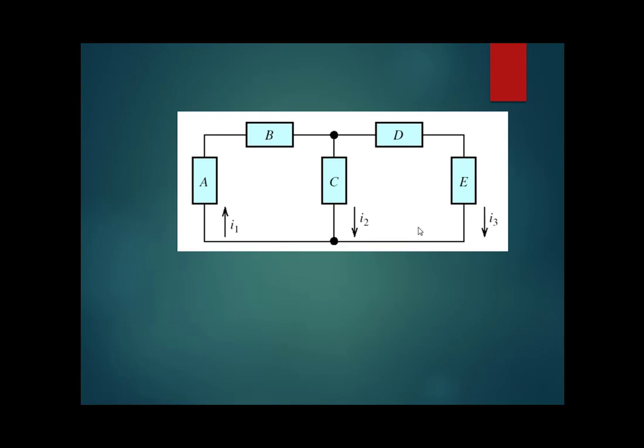I1 current flows in from side A and then through B, and at this node above C, the current distributes. Some current flows this side and some flows the other side. In this closed loop I3 current flows, and at this point I3 and I2 add up, and this sum equals I1.